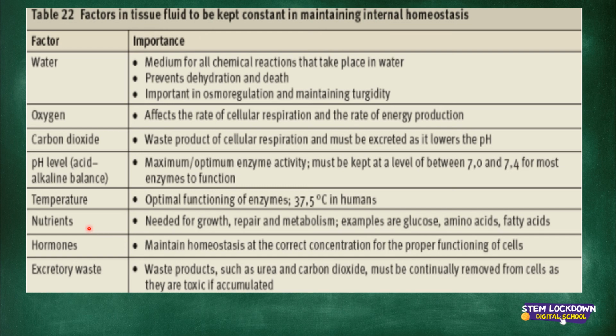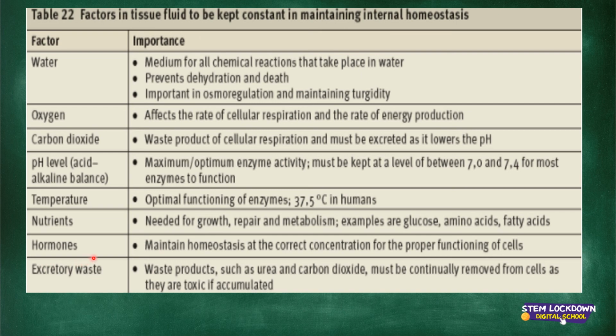If there is too high a concentration of glucose, insulin is secreted to bring the glucose levels down. But if there is less glucose in the body, glucagon is released to secrete more glucose. So those two act antagonistically, against each other.